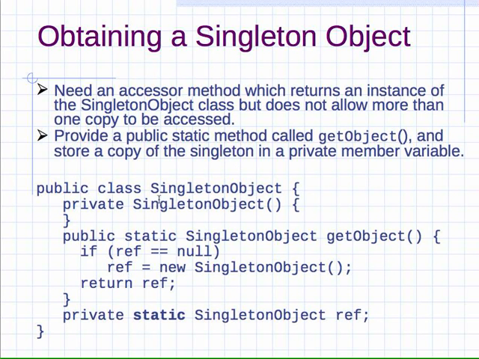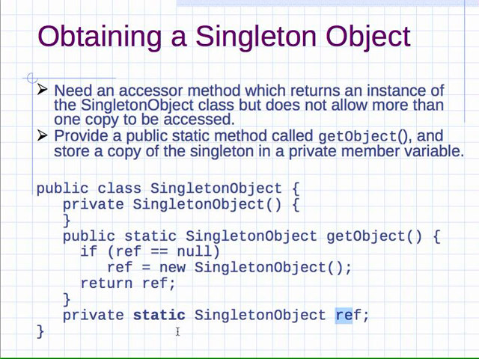So first of all, you need a private, and you have to make this static, so that what you're saying is there's one reference to the Singleton object class, and that is static. You can only create one instance of this class anyway, but if by chance you somehow are able to create two, well, the reference to the Singleton object is still static, so all objects will see the same reference pointer.